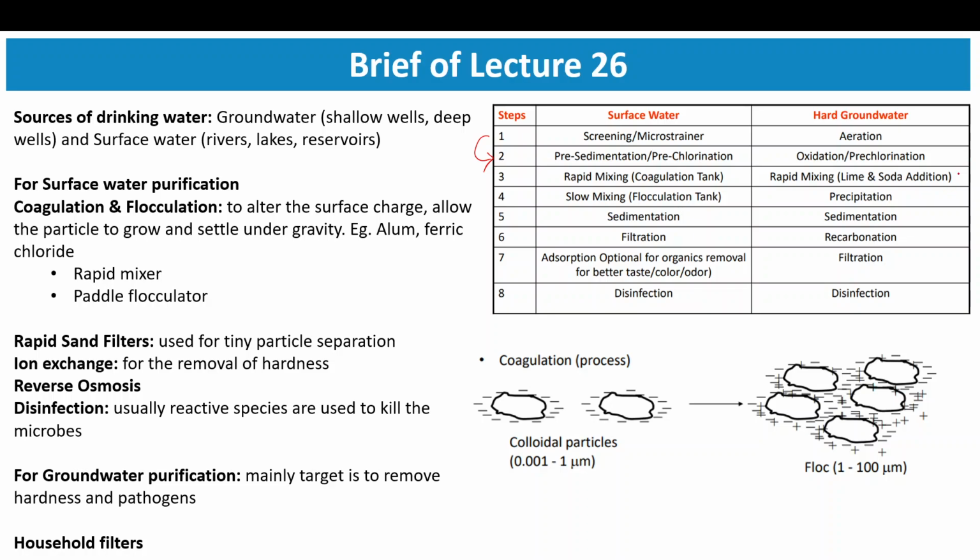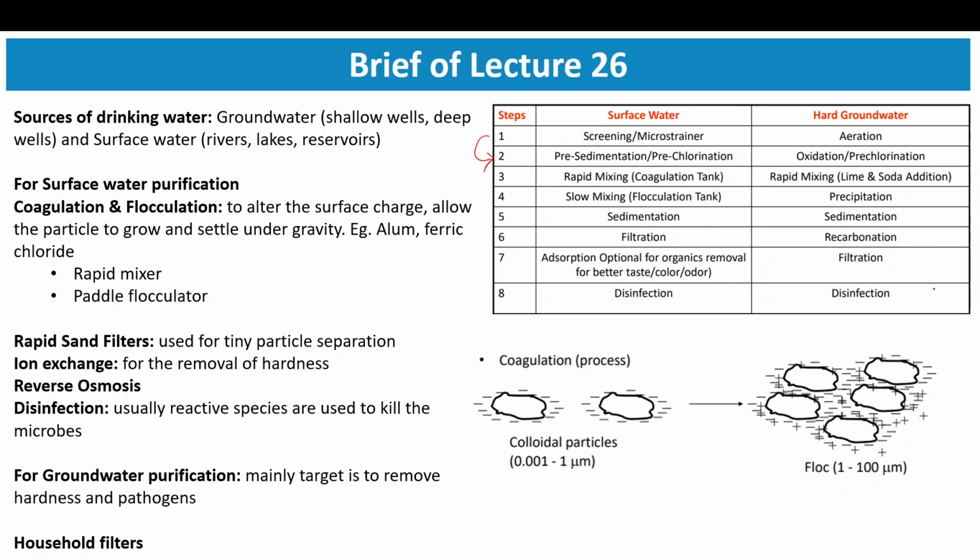In the lime soda process, the carbon dioxide or the pH changes during the operation. So by recarbonation, we are adding carbon in the form of carbonates and carbon dioxide. That will help maintain the pH of the water.